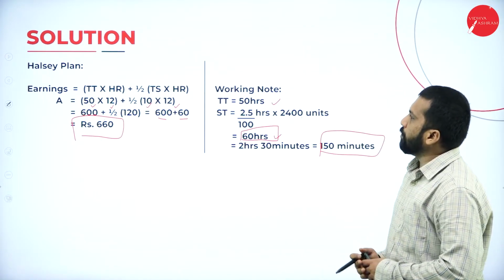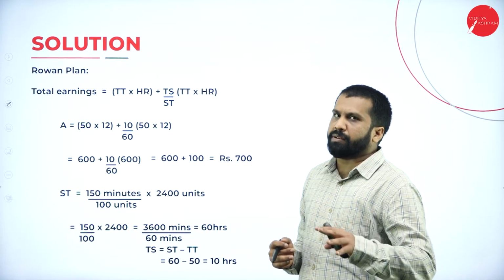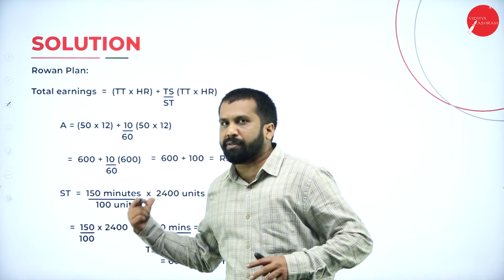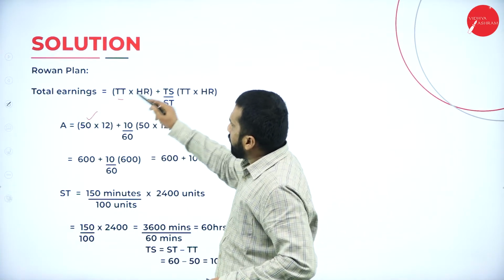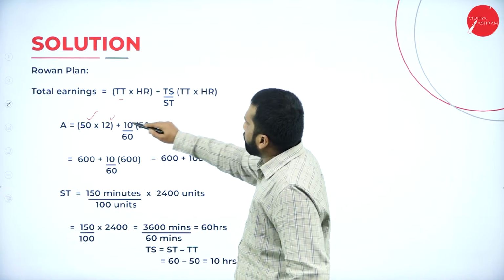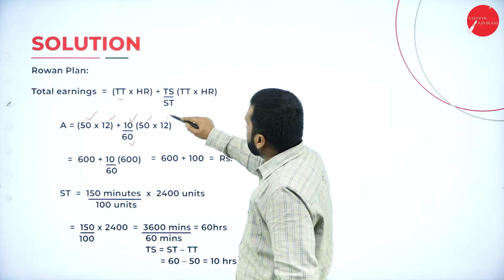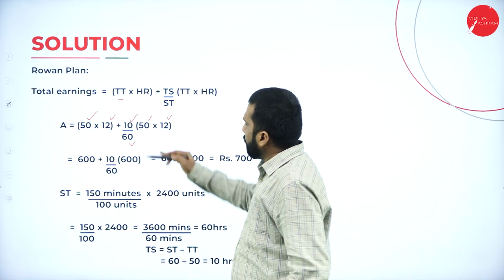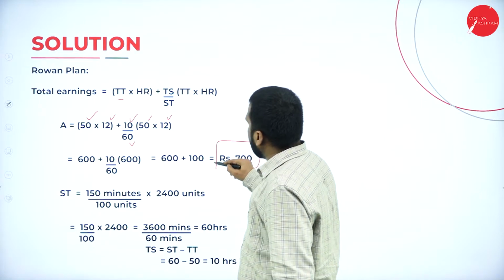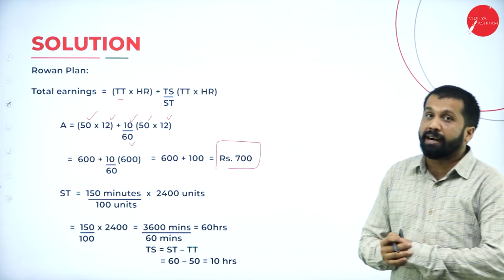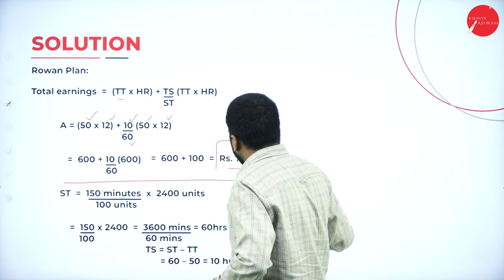Good. This is all about your Halsey plan. If you go the same way, even though they have not asked Rowan plan, we have done it here. Now, time taken is 50, hourly rate is 12, time saved 10, standard time 60, time taken multiplied with hourly rate. If you do all this calculation, you will get your final answer of rupees 700. Now, these are the working notes.